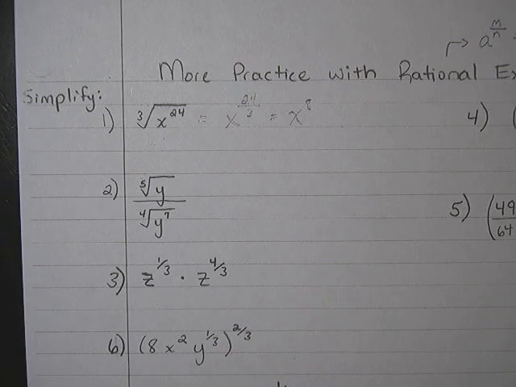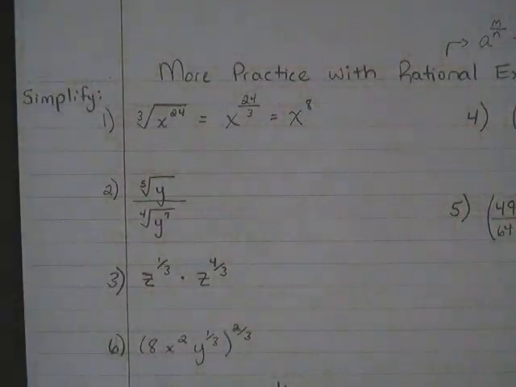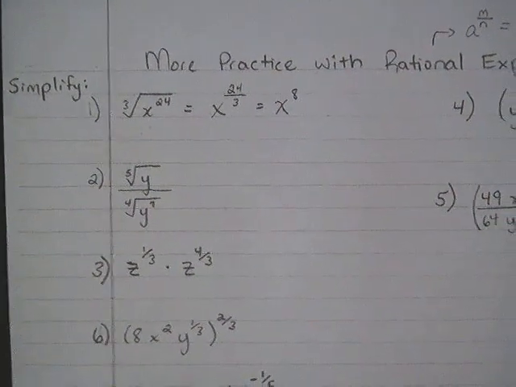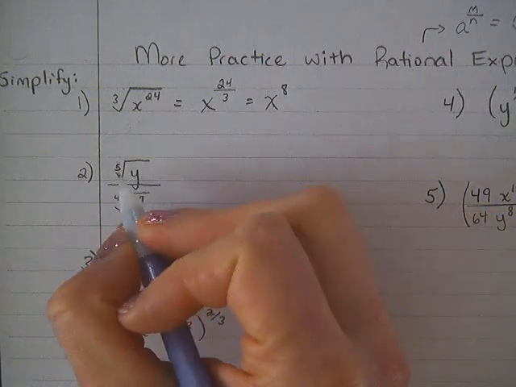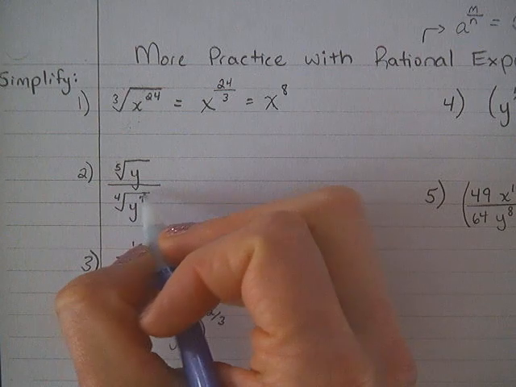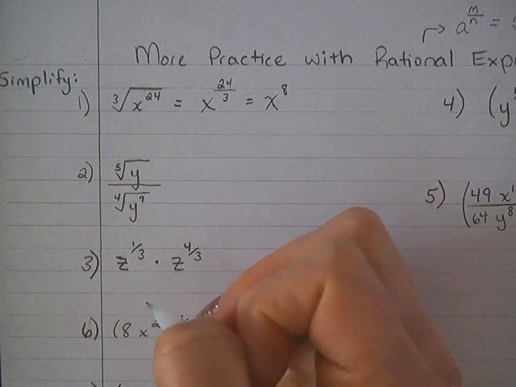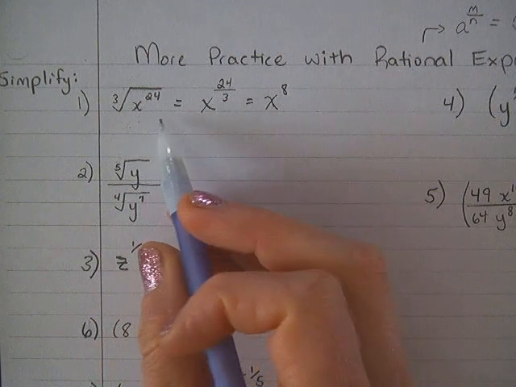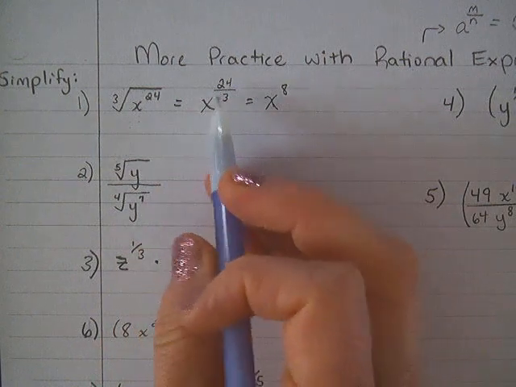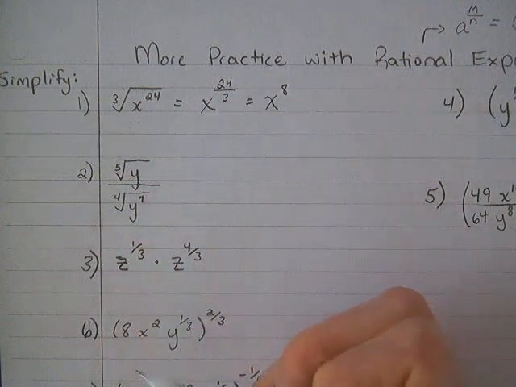So with the next one, notice it's also written in radical form, but now you've got a little bit more going on. So what we're going to do first is kind of like what we did with the last problem, where we write it in exponential form, and then we're going to see if it simplifies.